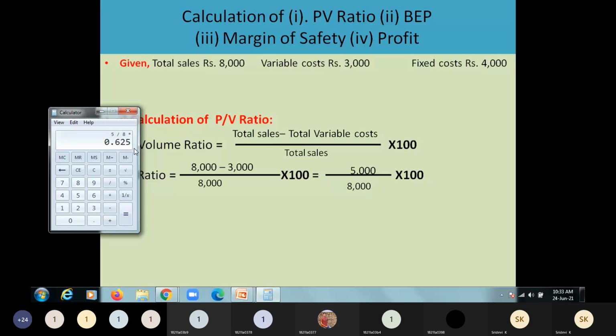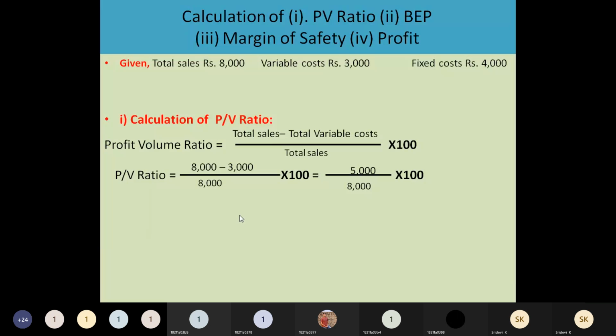So multiply it with 100, so that will give you 62.5. Okay, so that 62.5 is a percentage. You represent it as a percentage. So this is how you are going to calculate the PV ratio.